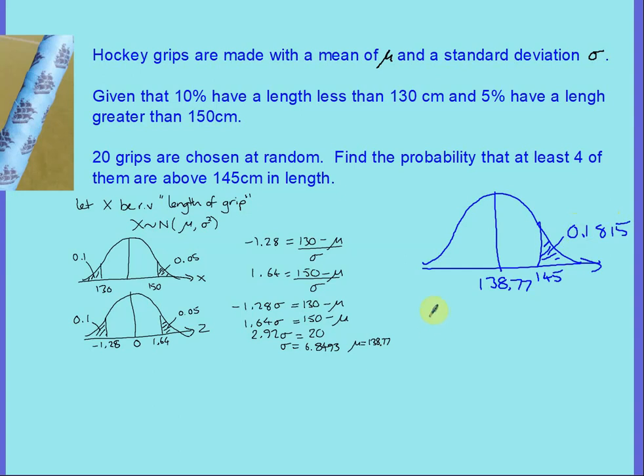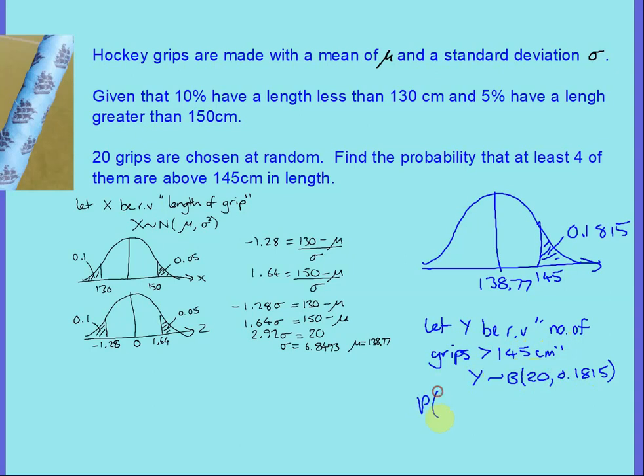So we need to put a new variable. So let y be random variable. So this is now number of grips greater than 145 centimeters. So y is distributed binomially with a sample size of 20 and a probability of 0.1815.